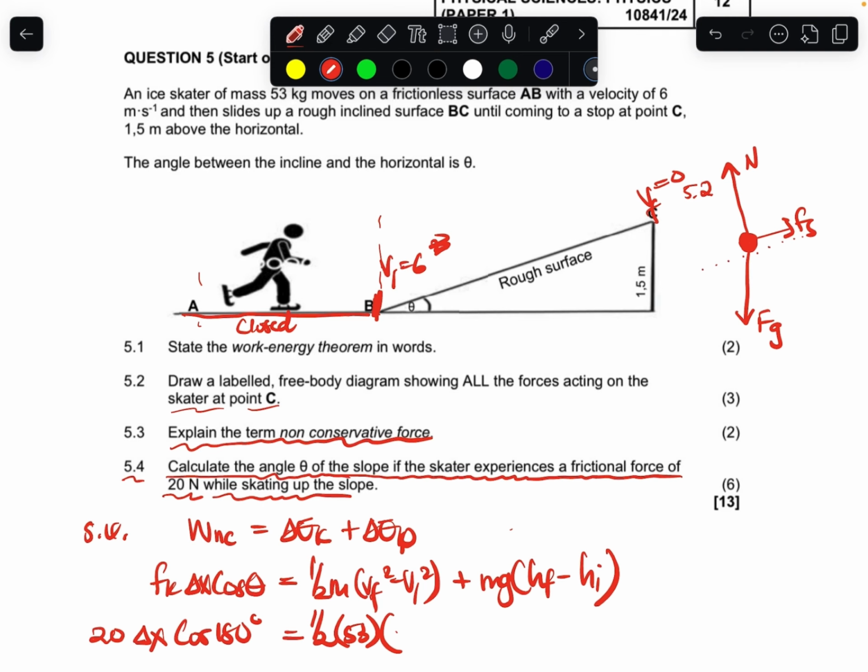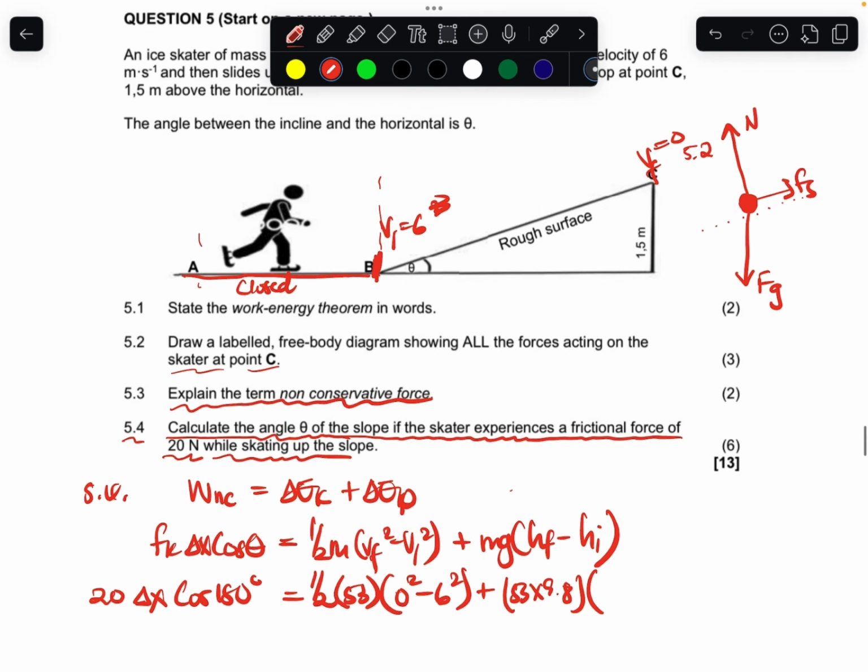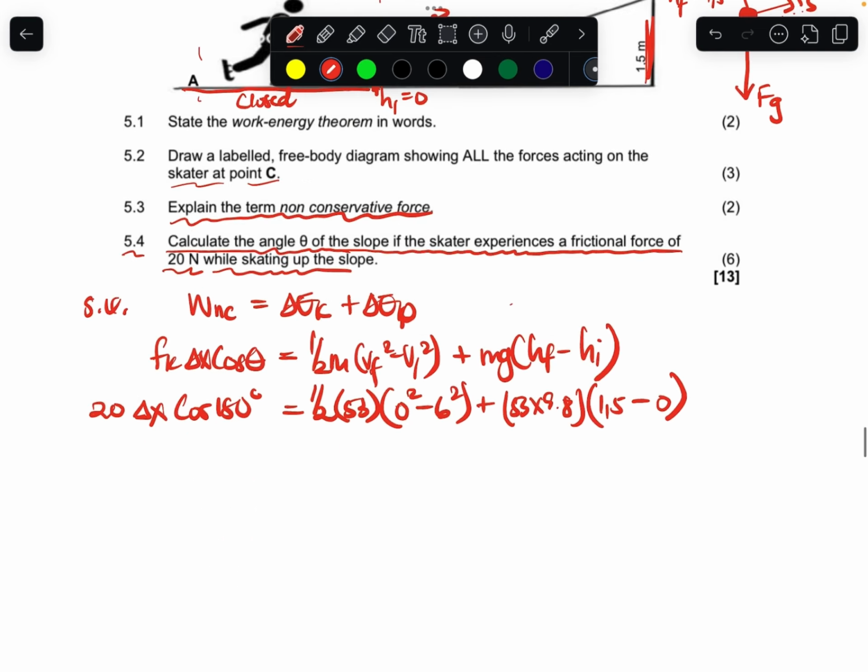I hope I do make sense when it comes to that. So the final velocity is 0, and the initial velocity is 6, plus 53 times 9.8. And then the height initial is 0. The height final is going to be what? 1.5. So it's going to be 1.5 minus the height initial, which is 0.